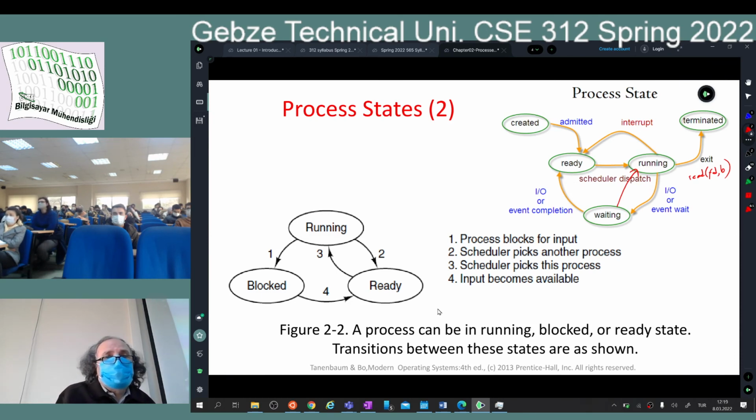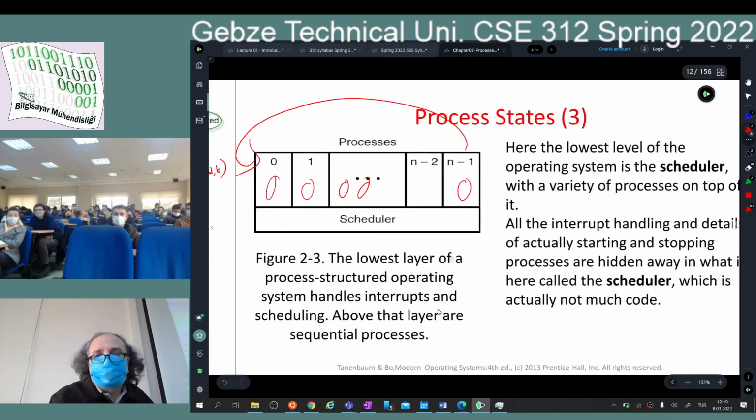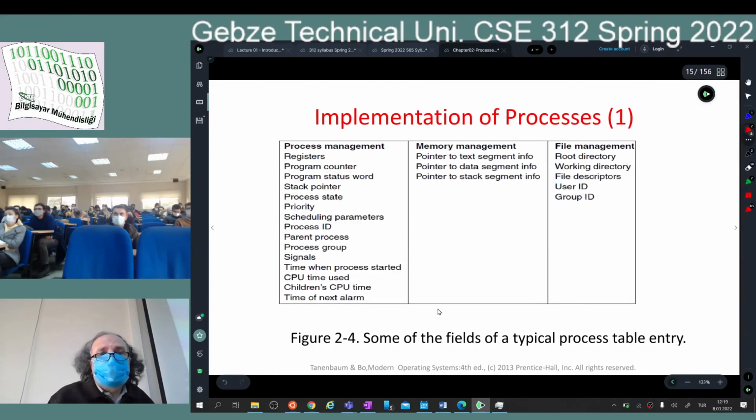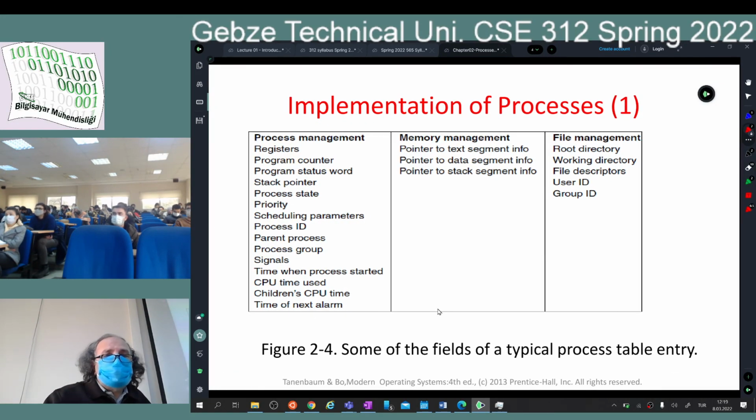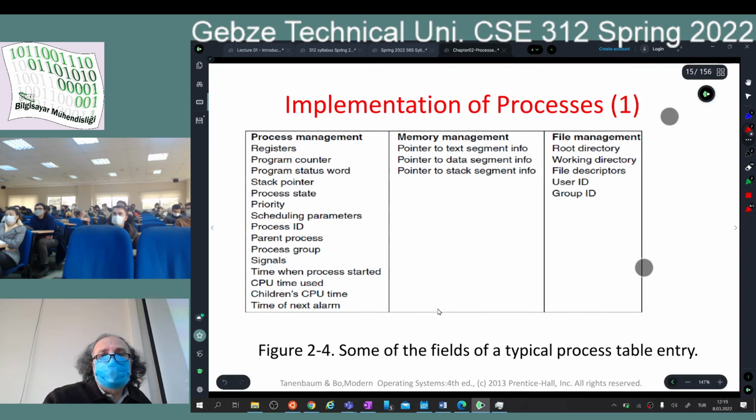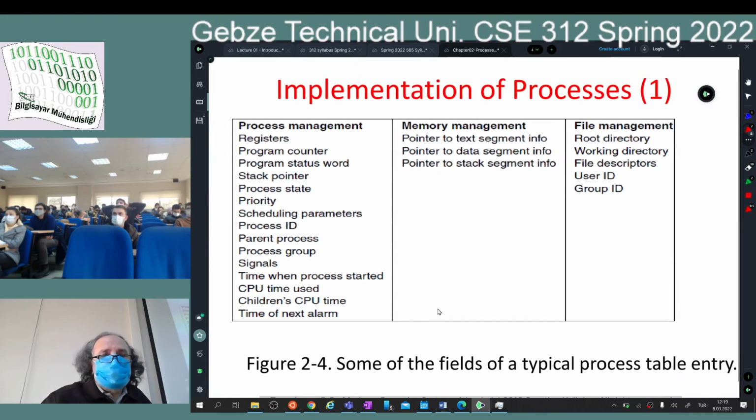So as we talked about before, we have a table which is called the process table, and every process has an entry in that table.